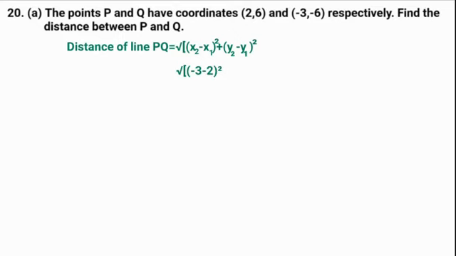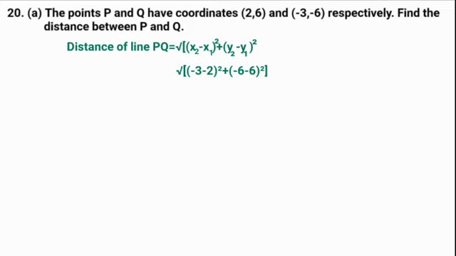Then we say plus, what is the value of y2? y2 is equal to -6. So we say plus -6 minus y1, which is 6, raised to the power of 2. Once we've done this, we evaluate what is in the brackets.